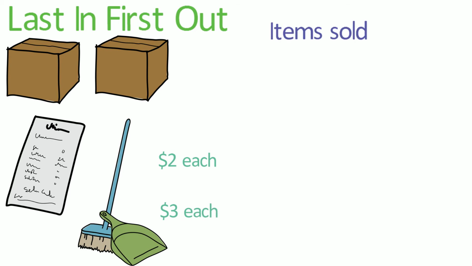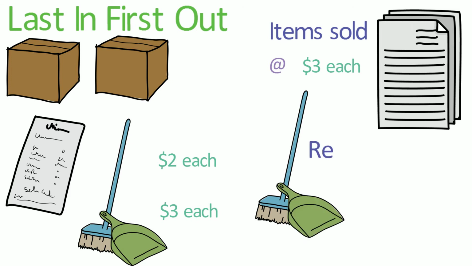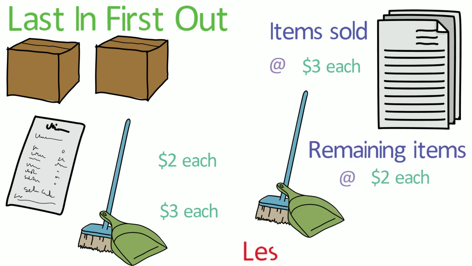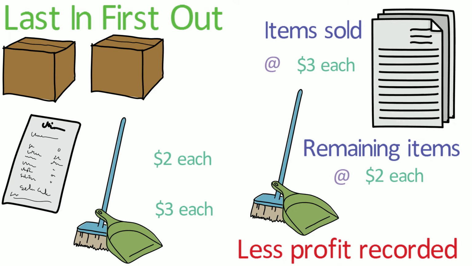If items are sold, LIFO costing will apply a cost of $3 to each item, as it was the last cost recorded for the products, and this is what will be reflected on the income statement. The remaining items will have the oldest cost applied to them at the end of the inventory count. LIFO costing often reflects less profit than FIFO, as the last cost is the value used when evaluating goods sold.